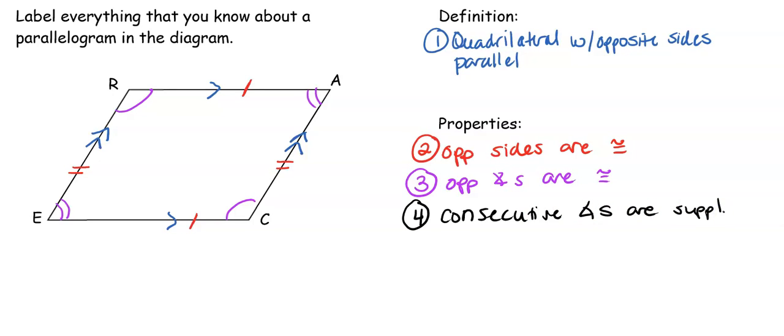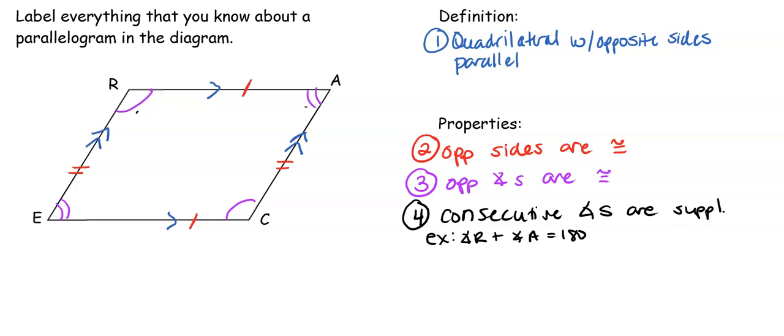So this is the one that we can't really mark on our diagram because it's the relationship of adding and setting equal to 180. So one example would be the measure of angle R plus the measure of angle A is 180. Any two angles that are next to each other are going to add up to 180.